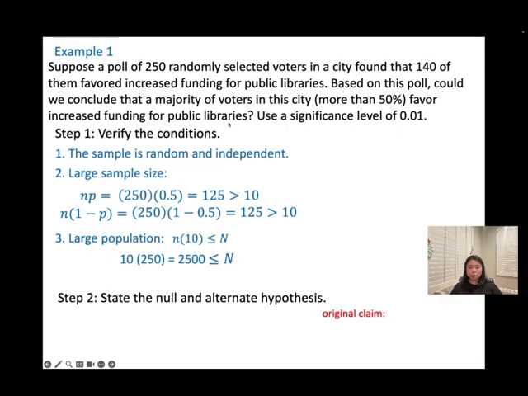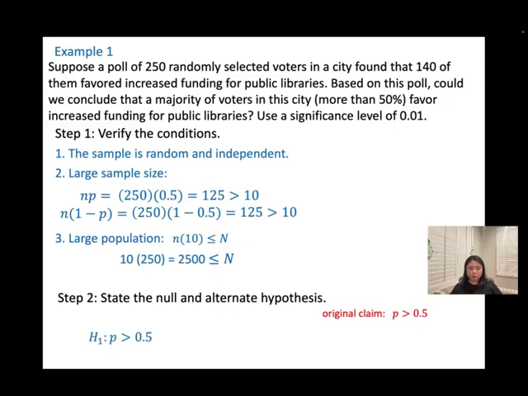So we know we are working on the proportion. We could write it like p strictly greater than 0.5. Since we have a strictly greater than, that is talking about the alternate hypothesis.